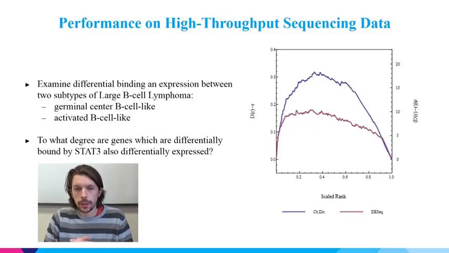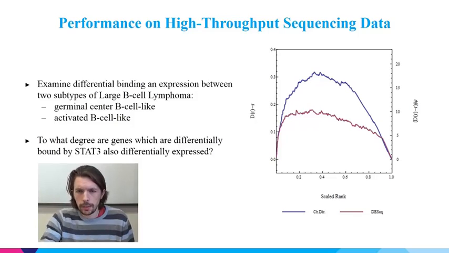And one of the things that they did in this paper is they looked for consistency between differential binding of STAT3 and differential gene expression. And what we did here is we reanalyzed the data using the characteristic direction and compared to the analysis with DE-seq.